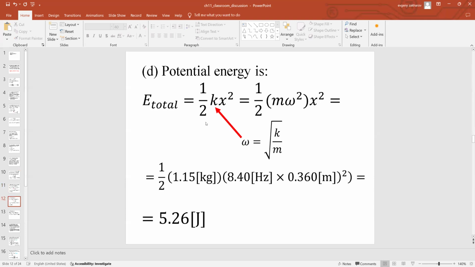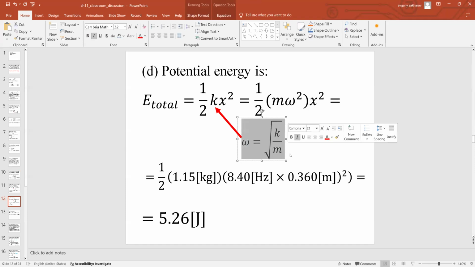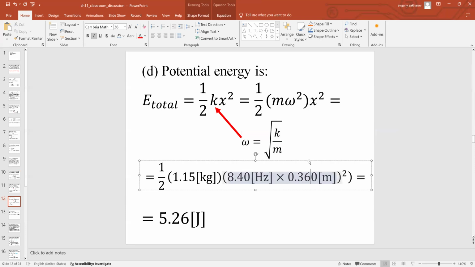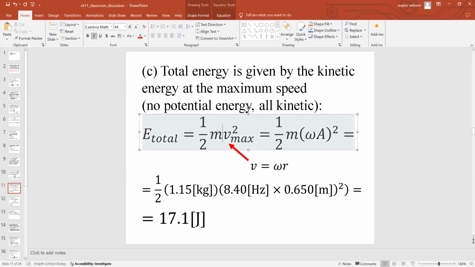And then potential energy is 1/2 kx squared, and k is connected to omega. We discussed that connection during lectures. Now it's time to just use, see, we're really playing with the same equations over and over again. It's 1/2 kx squared, 1/2 ka squared for the maximum stretch and compression. And it's 1/2 mv squared if we're talking equilibrium. That's it.